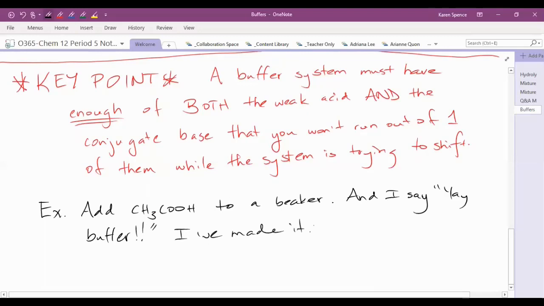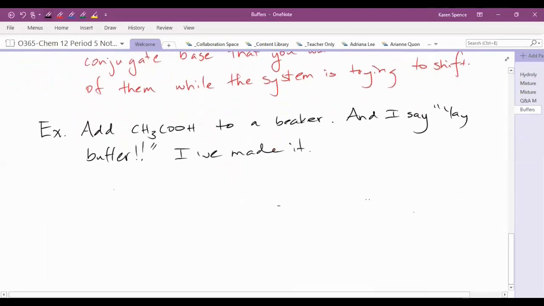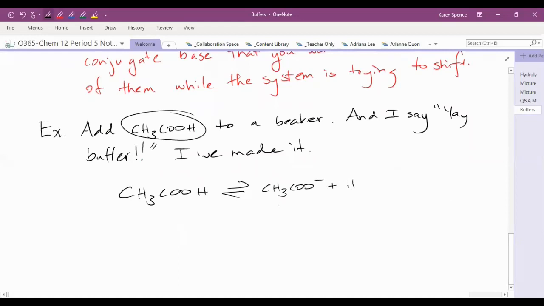And you might think, sure, I've made a buffer, because if I write the equilibrium, it's that same equilibrium, CH3COOH in equilibrium with CH3COO minus plus H plus. And let's say I added enough so that I had 0.5 molar.